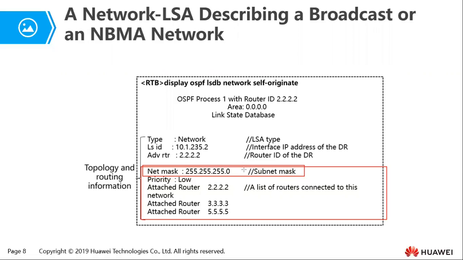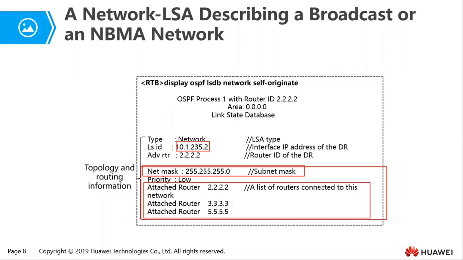How it gets the network ID is by doing a logical AND between the IP address of the link and the mask. I hope you remember that when we were learning IP addressing, we said that when you do a logical AND between an IP address and its mask, you get the network ID.